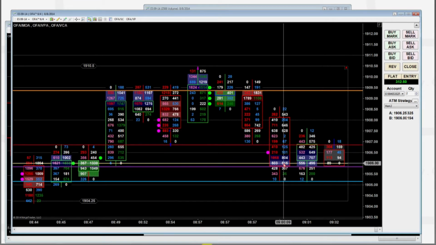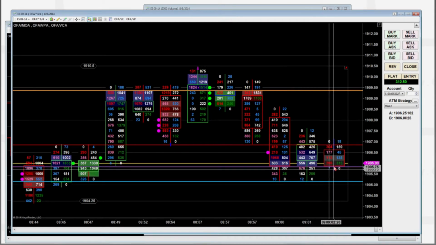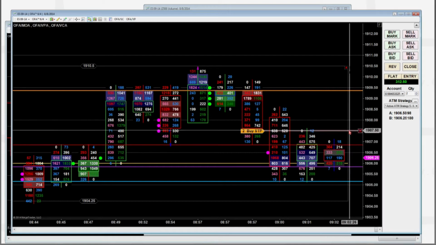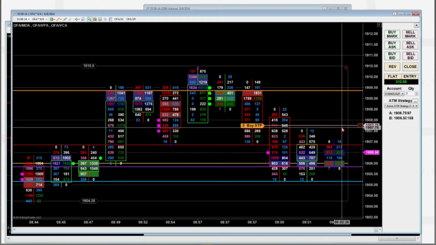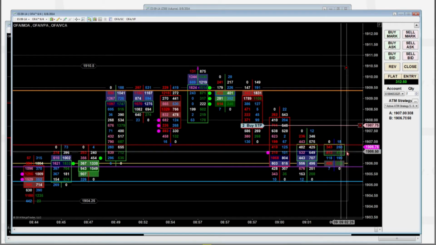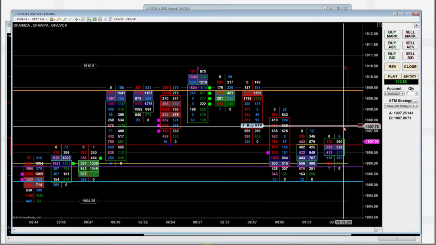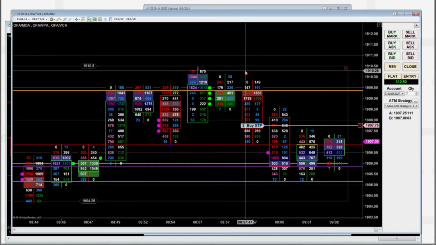So VPOC is down below at 1906. Weakness, weakness. We're getting a little two-sided trading, but if we start getting strength back into the bid, I'm going to look to take this breakout and see if we can get back up to 10 and higher.